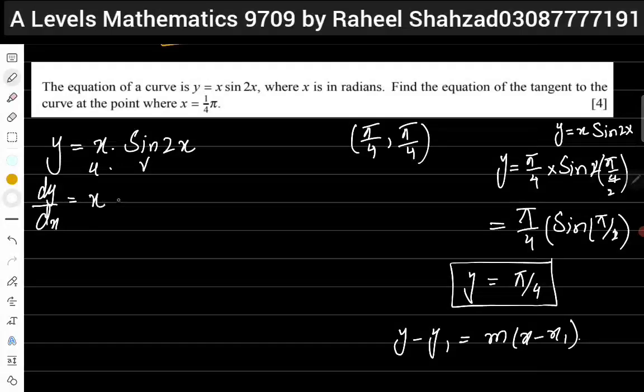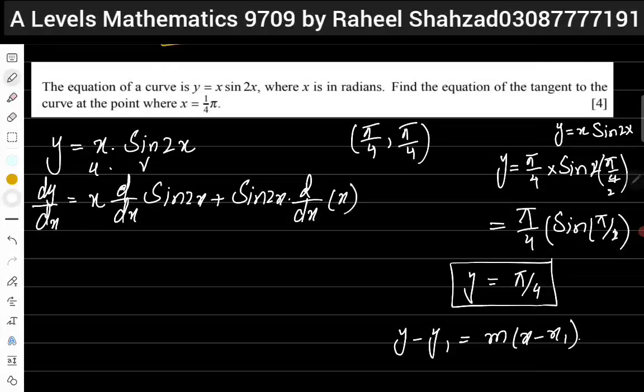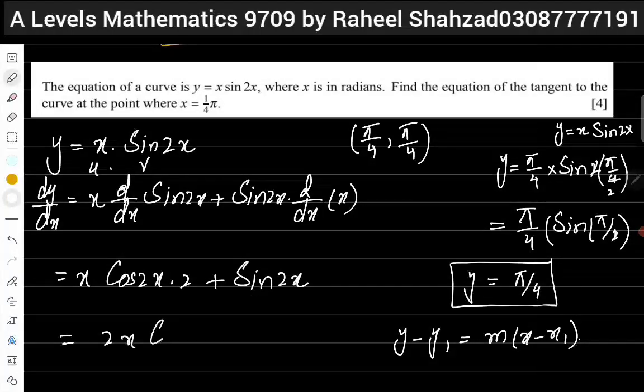So it says first function as it is, derivative of second, sin 2x, plus second as it is, sin 2x, into derivative of first. Now here it is x into cos 2x into 2 plus sin 2x. So this is 2x cos 2x + sin 2x, right?